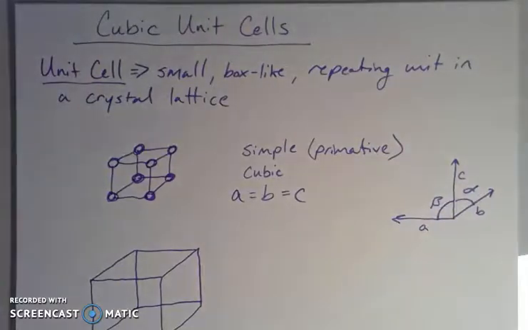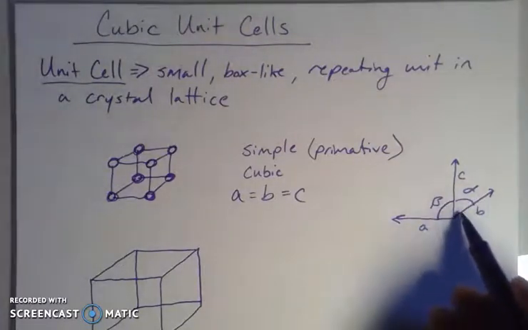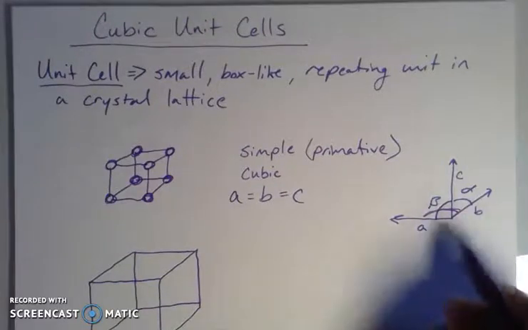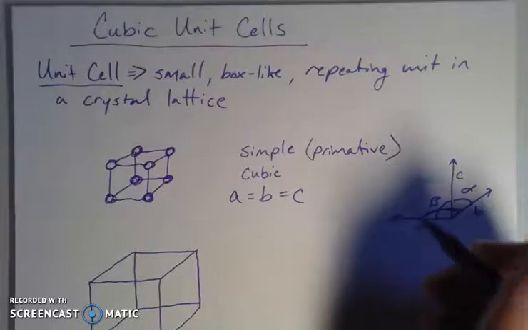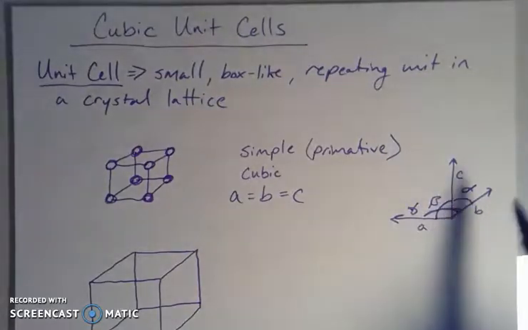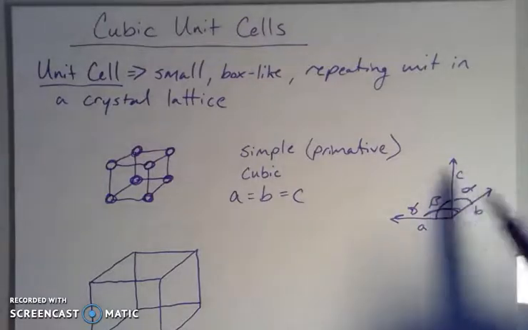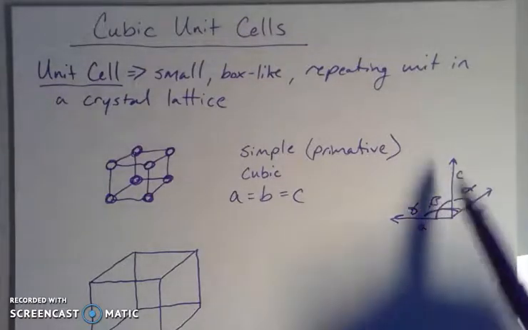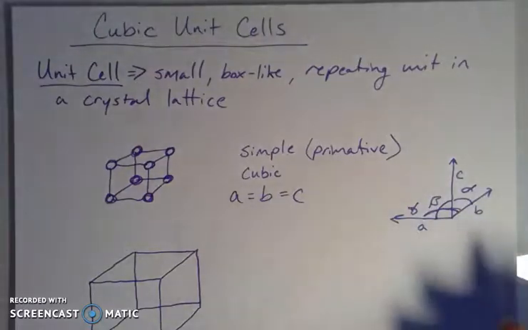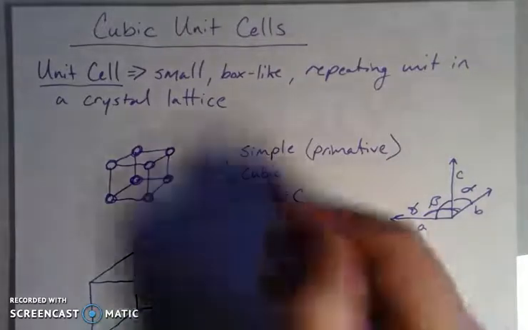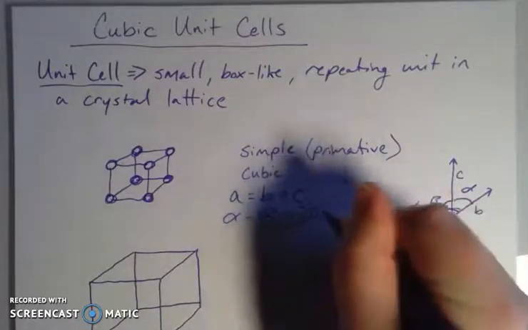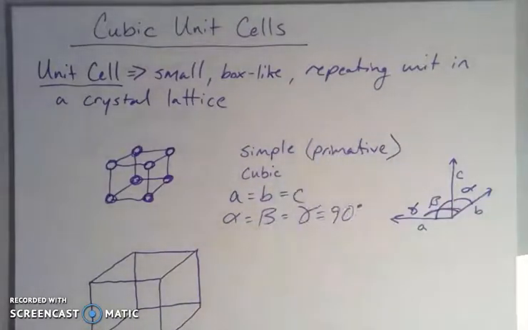And then the angle between A and B, in the plane here, is gamma. So alpha is between C and B, beta is between C and A, gamma is between A and B. In this case, because it's a cube, alpha is equal to beta is equal to gamma, and all of those are 90-degree angles because it's cubic.